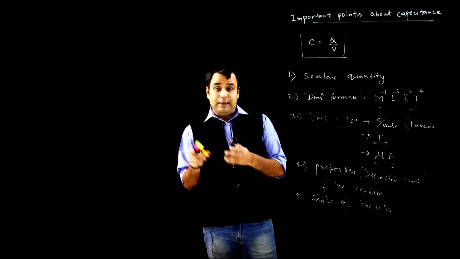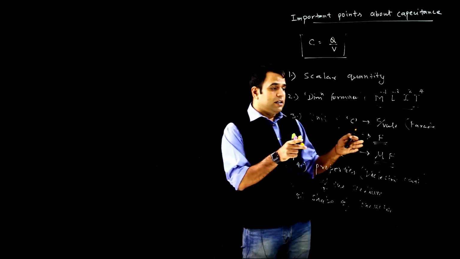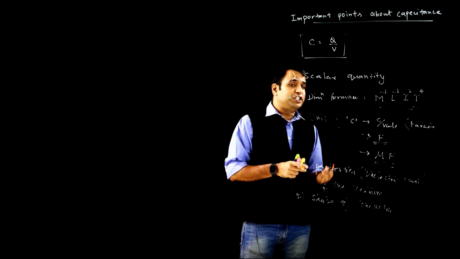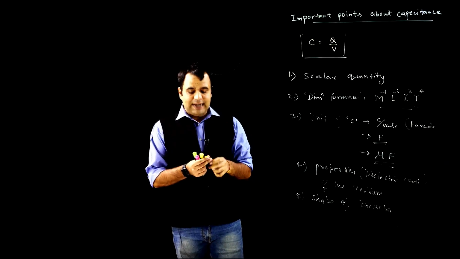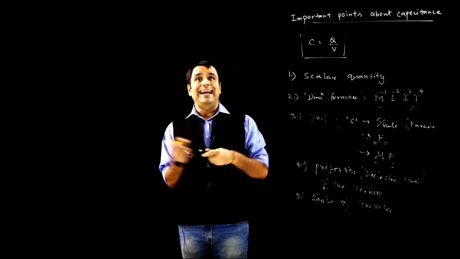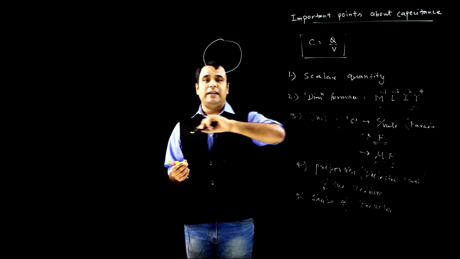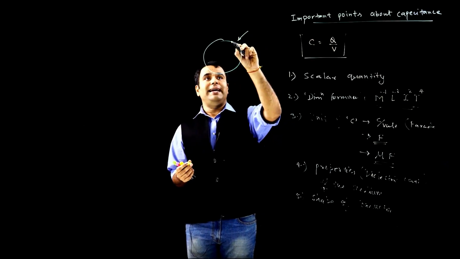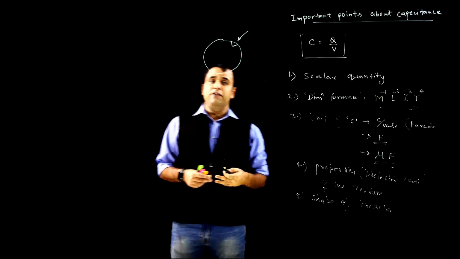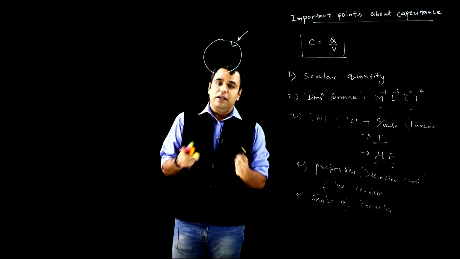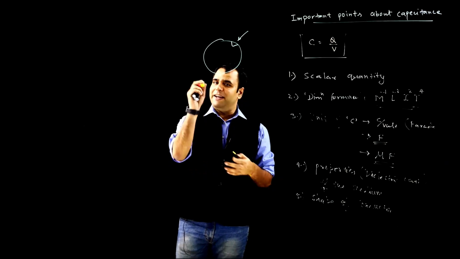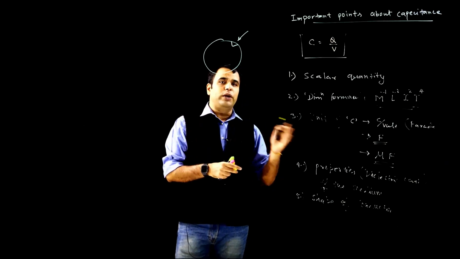If the same body, you make it planar, the capacitance will change. Or if you have a spherical body, and you create a dent, by creating that dent itself, you will be changing the capacitance. So it depends upon the shape. The moment shape is changed, even by a fraction, the value of capacitance is going to change.